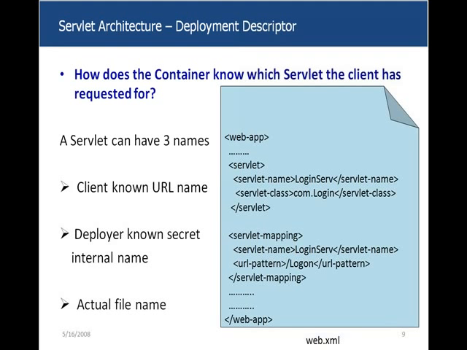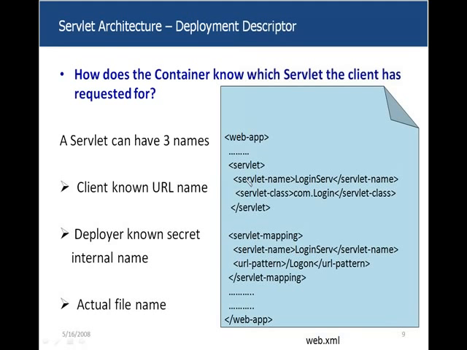So basically there is a file called web.xml, and this is also called the deployment descriptor. This is the main file for the web container, like a master file for the web container. Everything the web container needs is there in this file. So you have information about servlets in this file, the deployment descriptor or the web.xml.